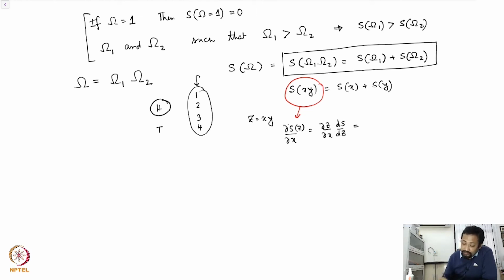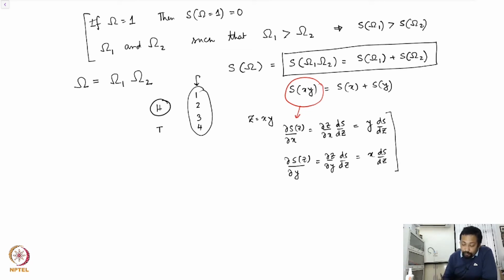And del z by del x is y, so y dS by dz. If I do the same thing and write down del S by del y, just looking at the left hand side, then I know that this is del z by del y times dS by dz, which is equal to x dS by dz, right? Good. So we'll keep this in our hand.